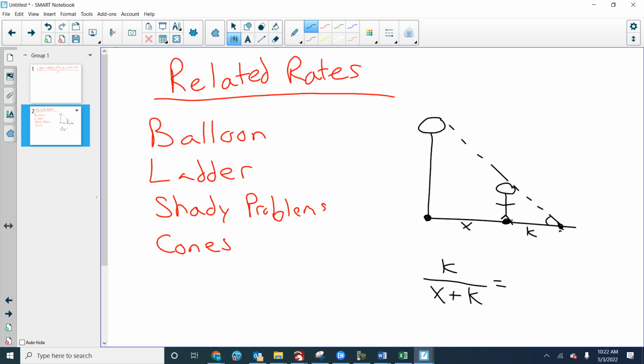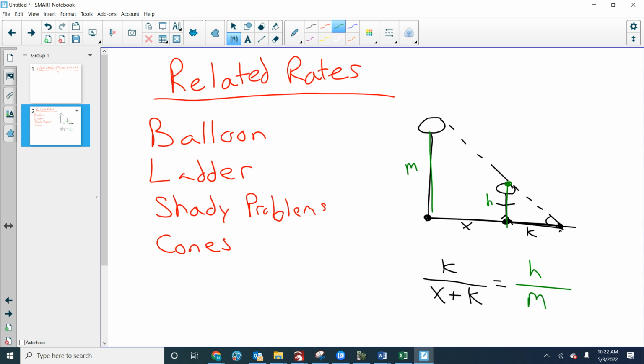Do you see how k is the side length of that small triangle? If you set it up as a proportion, you do k over x plus k, the whole big triangle, equals the person's height over the height of the lamppost, which is not going to change, but we'll call it m.